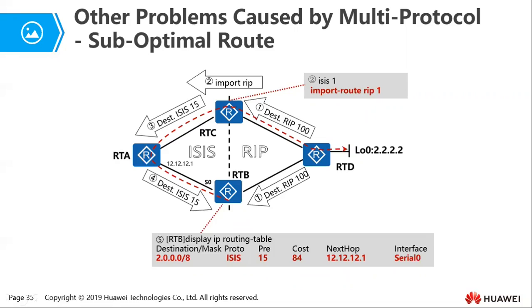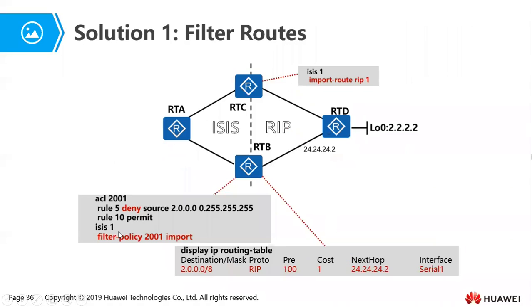The problem is when you import this destination from RIP to ISIS or to OSPF. If you import them, only one route is going to be installed in the routing table based on the cost. So the one that has a higher cost is going to remain idle. No one is going to use this link because of the cost issue that I've just explained.